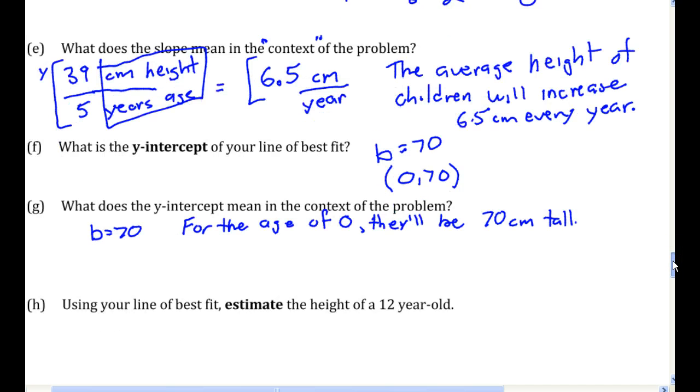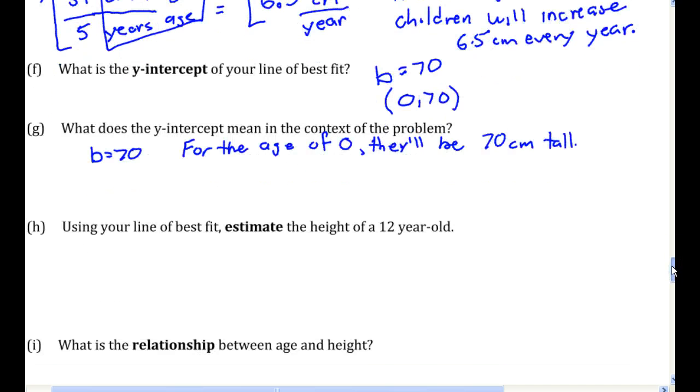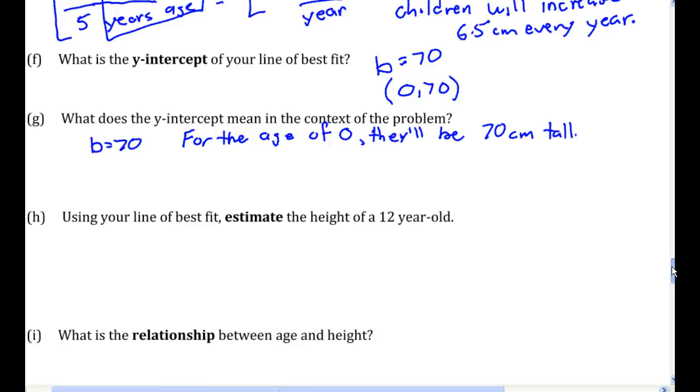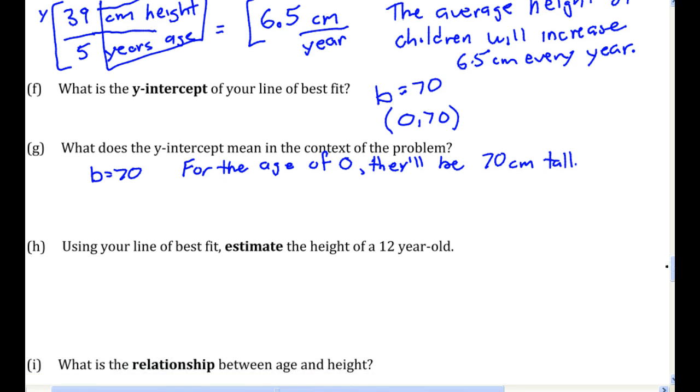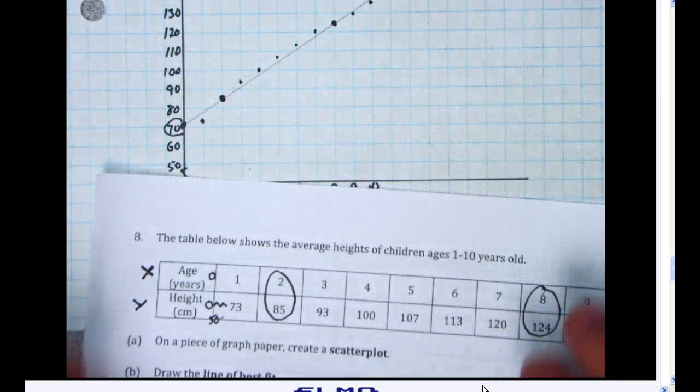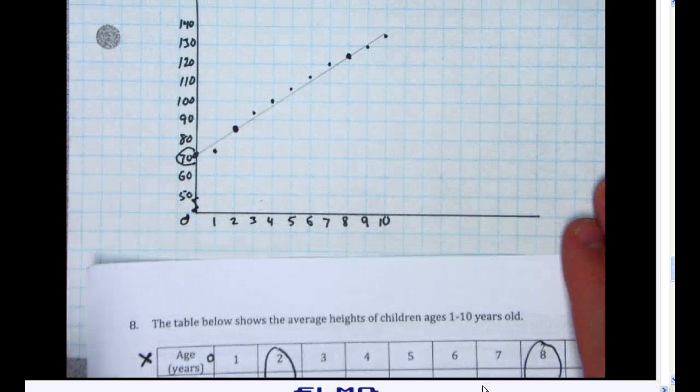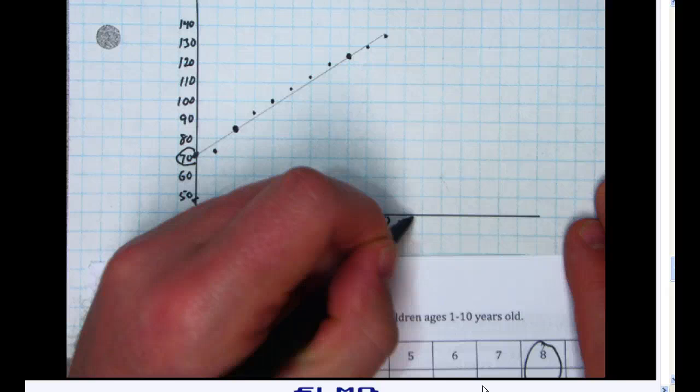All right, using your line of best fit, estimate the height of a 12-year-old. Okay, so if we go back to our best fit line, there it is, and we kept extending this out, age to 12.